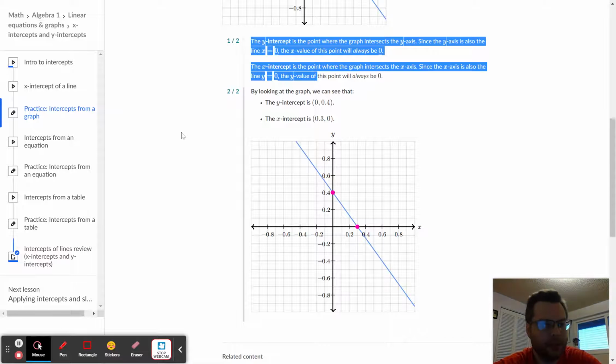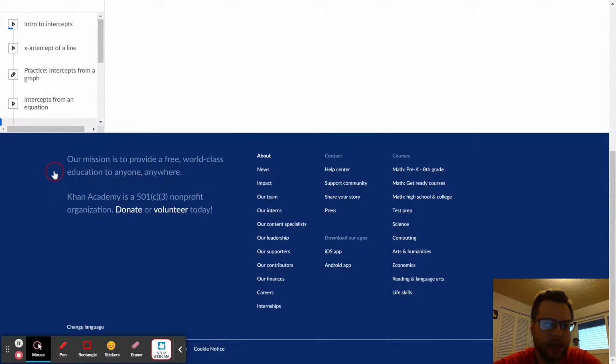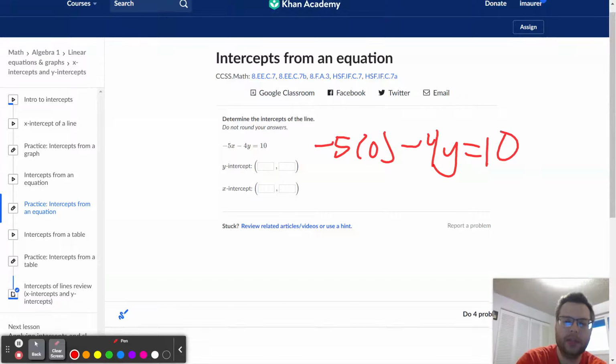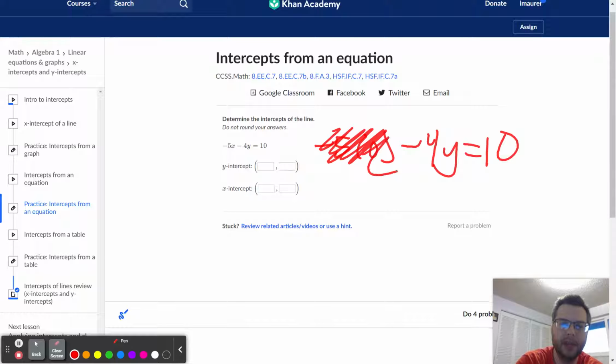Okay, I'm going to move on to the second link. The second link is a little bit harder because you don't have the picture to look at, but you have the same idea: the y-intercept means that x is equal to 0. So for the y-intercept, I'm going to make x equal 0. And guess what? When you make x equal 0, negative 5 times 0 is just nothing.